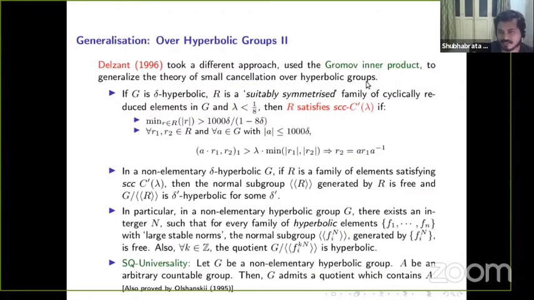I'm not going into the detail. Some suitably reduced elements in G, which we will consider as relators, and we choose lambda to be less than 1/8. Then we say that R satisfies the small cancellation condition C prime lambda if the minimum length of all elements here is greater than this. And you see that this is something like the rho condition in the previous one.